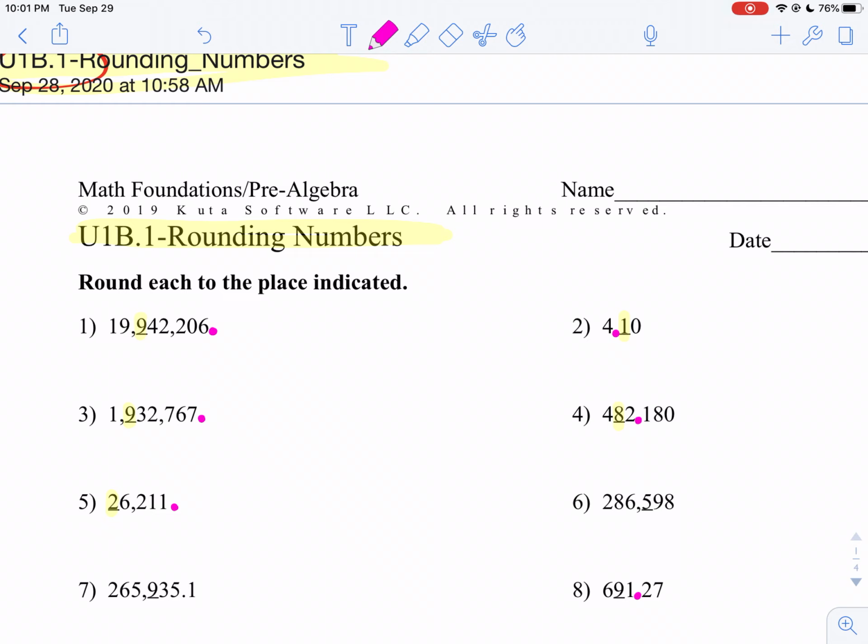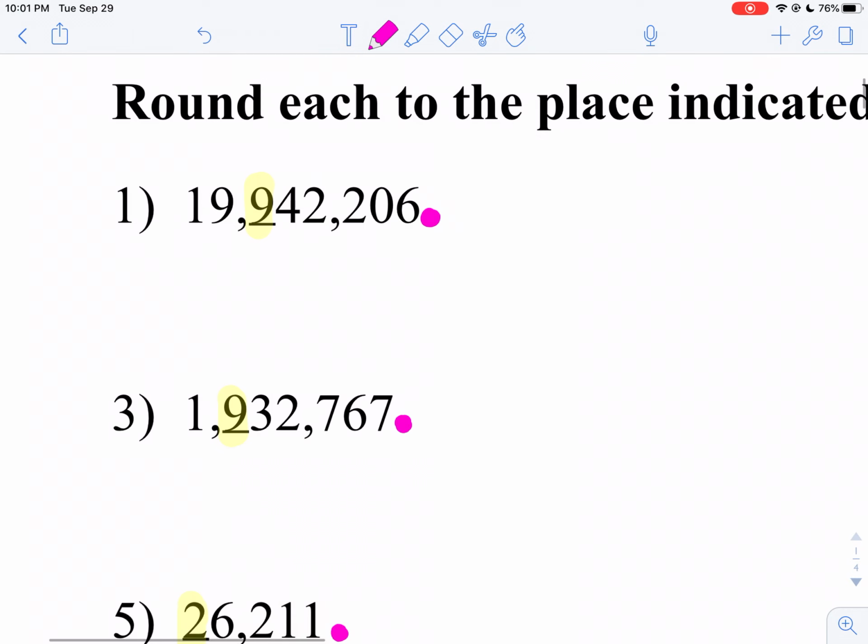Third, let's round it. So the rules for rounding: you look at the number immediately to the right of the number which is underlined. For number 1, the number immediately to the right is that 4. I'm going to use an arrow.